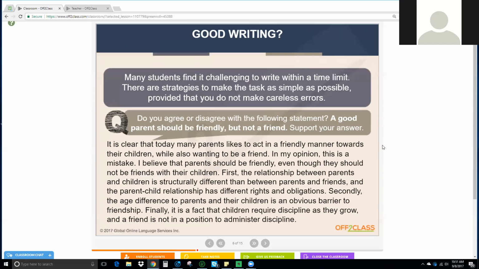First, the relationship between parents and children is structurally different than between parents and friends. And the parent-child relationship has different rights and obligations. Secondly, the age difference to parents and their children is an obvious barrier to friendship. Finally, it is a fact that children require discipline as they grow, and a friend is not in a position to administer discipline. So what did you think of this?